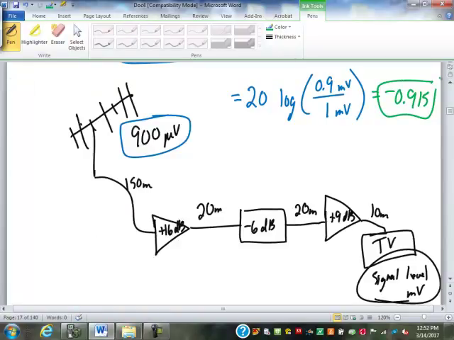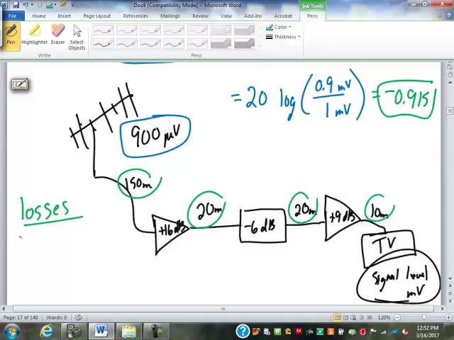Now from that, let's look at our losses. We add up our cable here. We have 200 meters of cable, which is minus 18 dB, plus the minus 6 dB loss here. That's a negative 24.